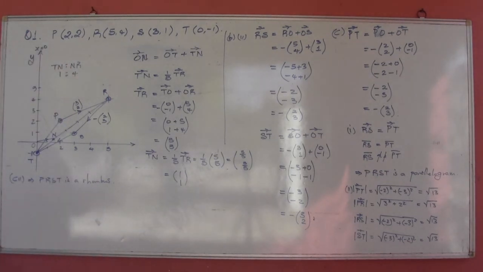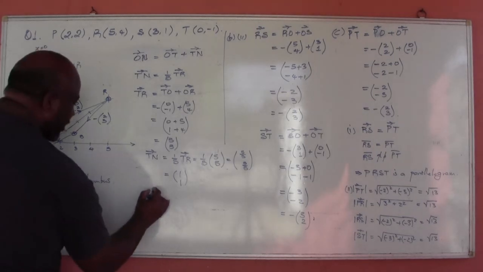Why did I say that TN is 1/5 of TR? You can see for yourself. Remember, we divided TR into 5 equal parts, and TN is 1 out of the 5 parts. So TN is 1/5 of whatever TR is. TN is (1, 1).